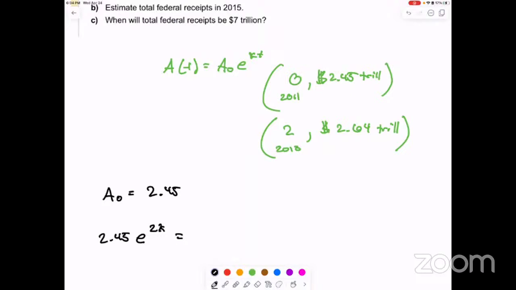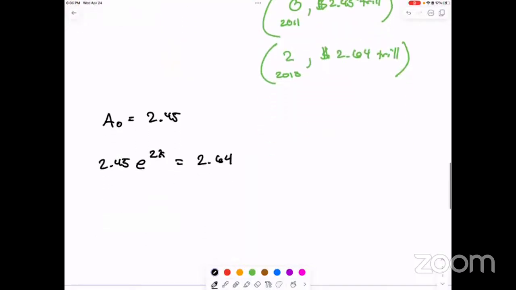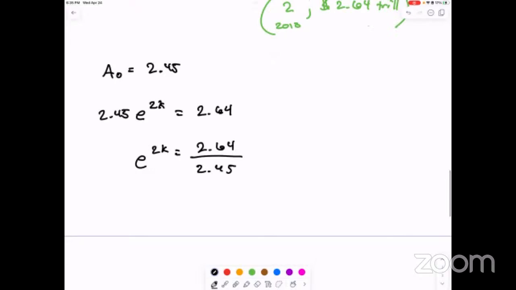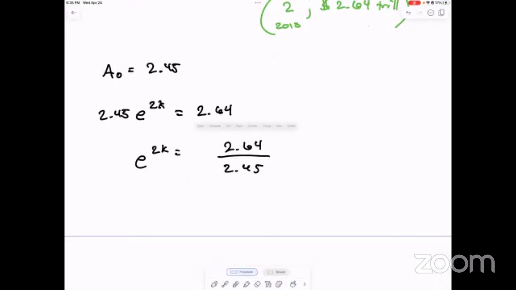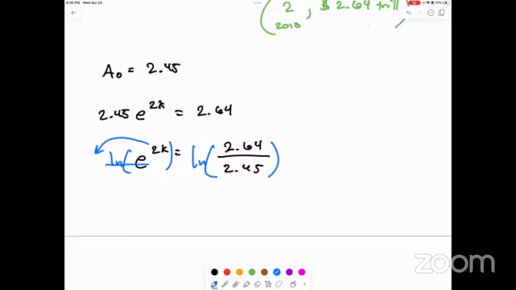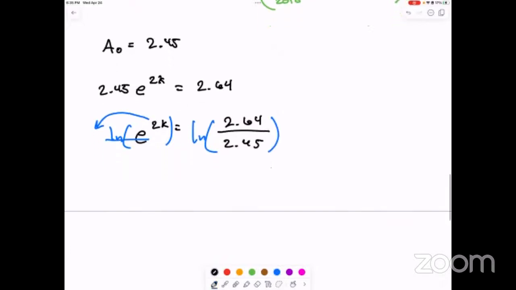Okay. So then we can divide both sides by 2.45. We're going to get e to the 2k equals 2.64 over 2.45. Now what I'm going to do is take, hopefully you're thinking, the natural log on both sides. That cancels the e and allows the 2k to come down. The right-hand side, I'm going to just leave it until the end, so I'm trying to be exact until the end.